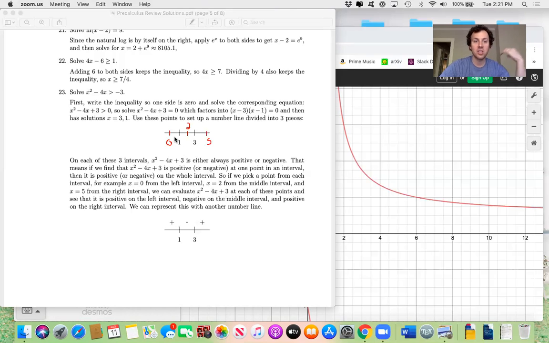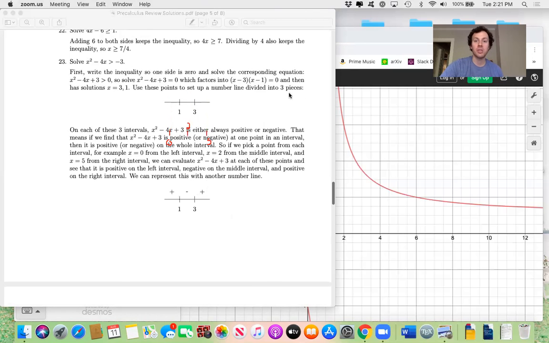Since this function is positive at one point in this left interval, it's positive at all of those points. You can also check if you put in 2, this function's negative. And so since it's negative at one point in this middle interval, it's negative at all the points in the interval. And lastly, if you test 5, it's positive, which means it's positive on this whole right side.